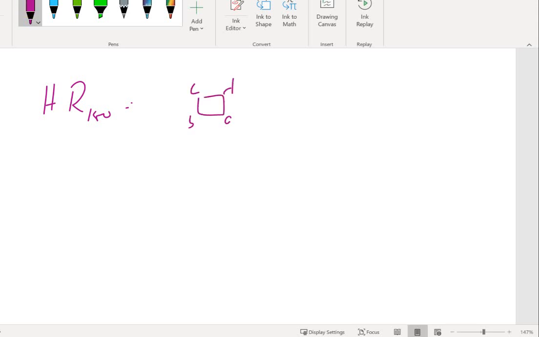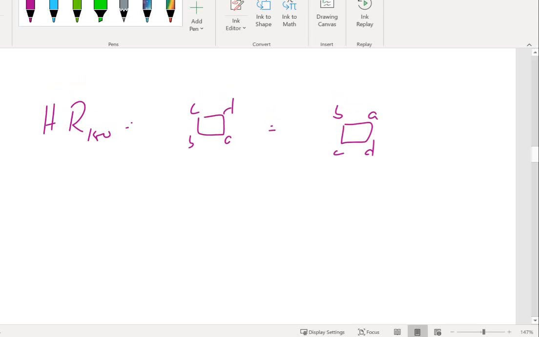So we would have our square there first, rotating it 180 degrees, then flipping it over the horizontal. You would get that. Yes.